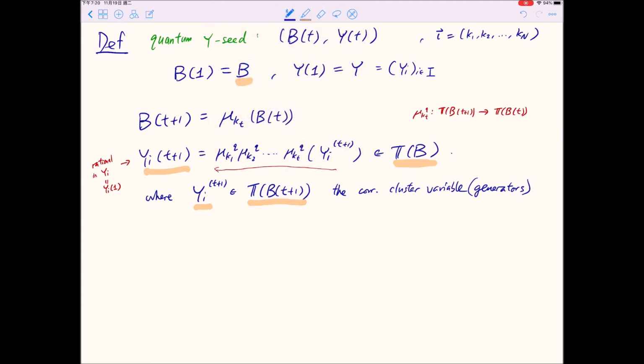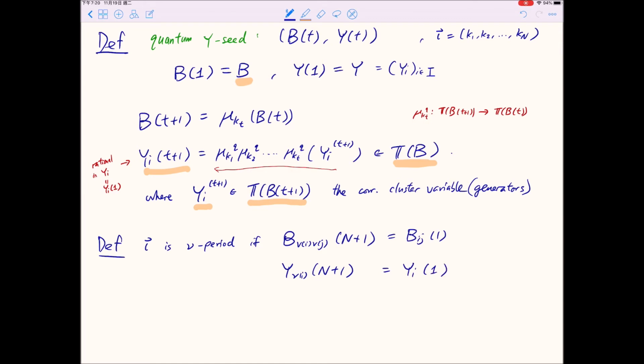Then the previous definition follows also in the quantum case. So we say that the mutation sequence is a mu-period if the mutation of the exchange matrix goes back to itself, and also the mutation of the y variables goes back to itself. Again, everything lives in T_B, in the initial quantum torus variables.